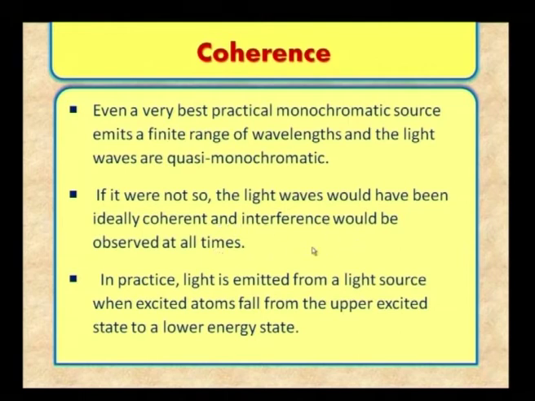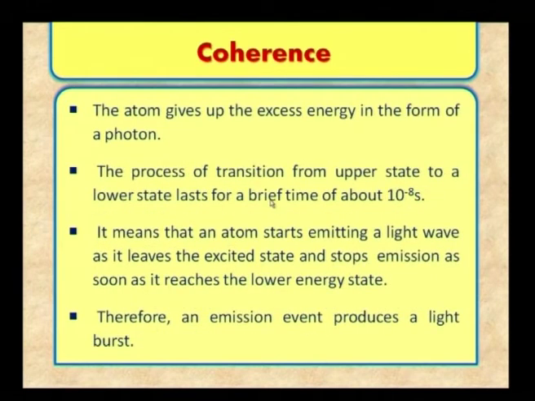In practice, light is emitted from a light source when excited atoms fall from an upper excited state to a lower energy state. The atom gives up energy in the form of a photon. All of you know this transition takes a time of 10 to the power of minus 8 seconds.